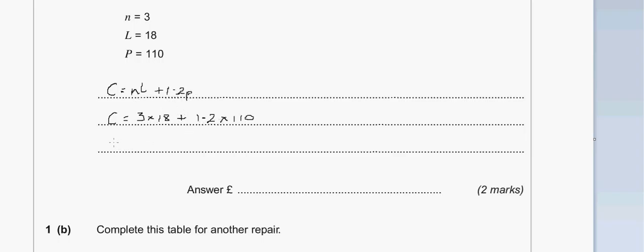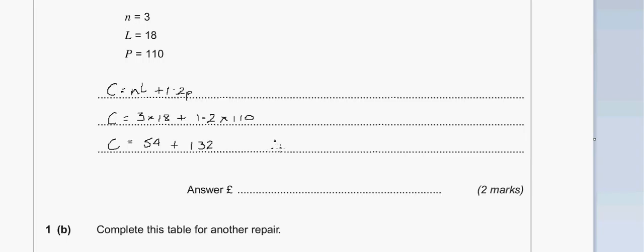So C equals, now 3 times 18 would be 54, plus, now 1.2 multiplied by 110, so we can use our calculators. So 1.2 multiplied by 110 gives us 132.